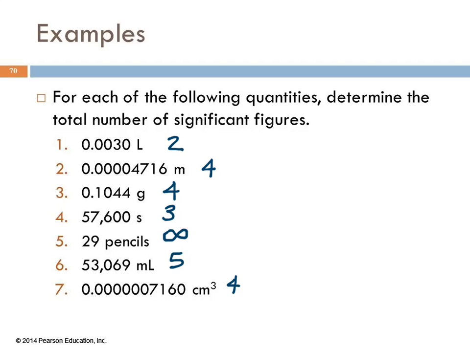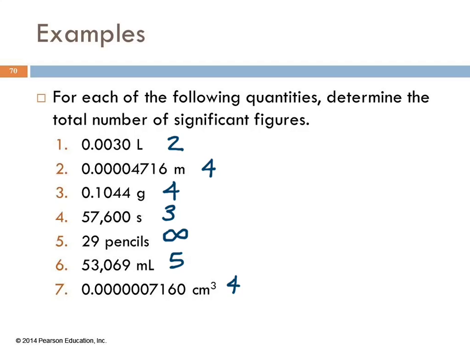Okay. Why does 29 pencils have an infinite number of significant figures? Because there is no uncertainty. You count out the pencils, there's exactly 29. There's not 28, there's not 30, because you can't have part of a pencil, right? When you measure the length or the mass or the temperature or the time, you can have fractional bits.